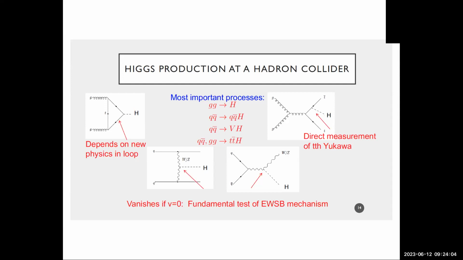Yeah, what is v? Yes. v is G Fermi over the square root of 2 is related to 1 over v squared. So v is the vacuum expectation value of the Higgs boson. So when the electroweak symmetry is broken, the Higgs boson gets a vacuum expectation value, which is v.